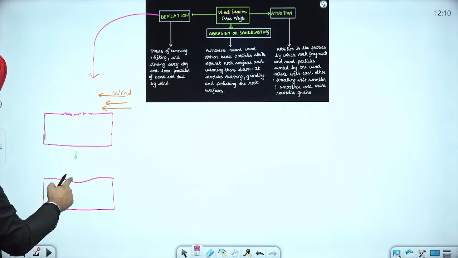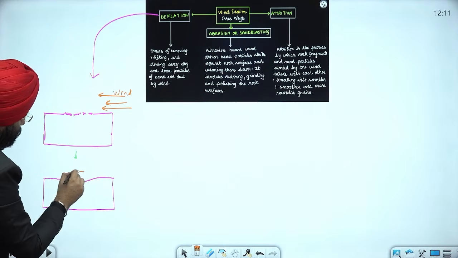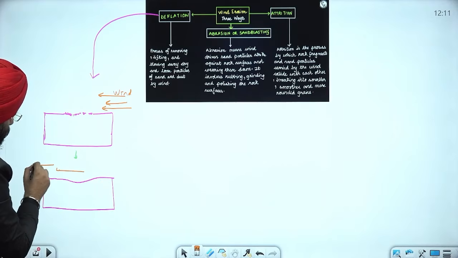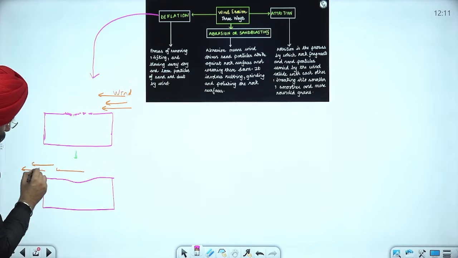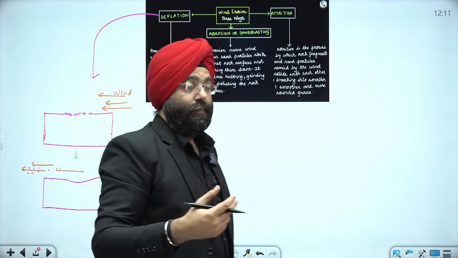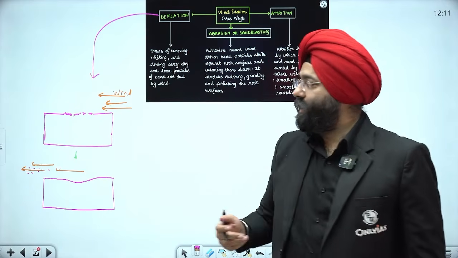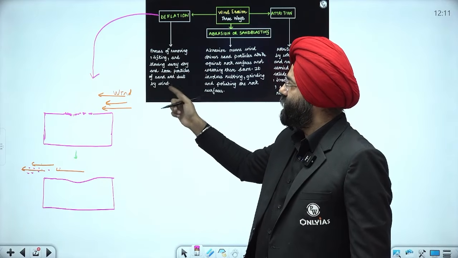Do you see the particles which were present here? I'm putting small particles over here which reflect that these particles have been taken by the wind. So the particles have been picked up and taken by the wind. That is the process of removing, lifting, and blowing away the dry and loose particles of sand by wind.